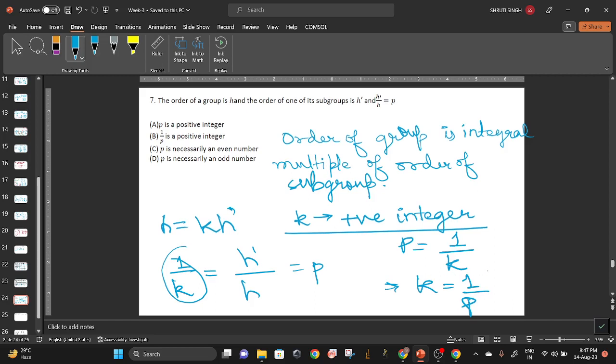They have taken P equal to 1 by k, that's why they have given this. So the answer is 1 by P is a positive integer. So the answer is B. Okay. Next one.